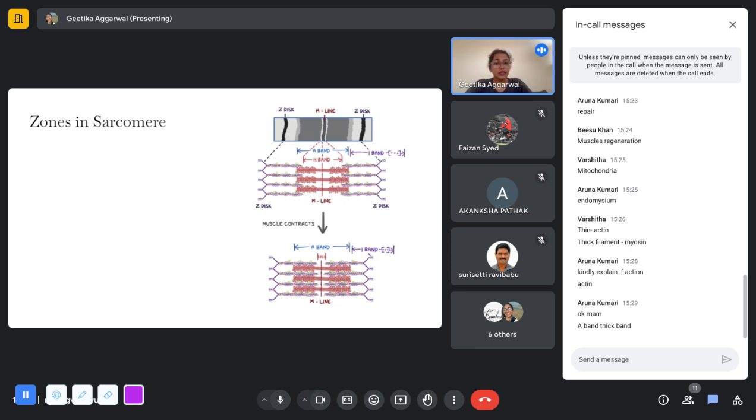Okay, what is the M line? Anybody would like to take a guess of these things? You can even see that in the diagram. It is there in front of you. You just have to think a bit and tell me what is the H band, what is the A band, what are these different categorizations.